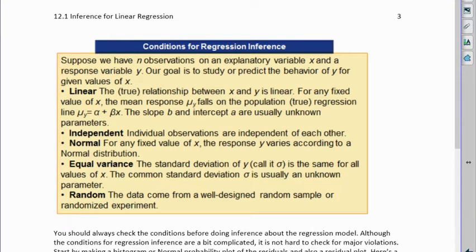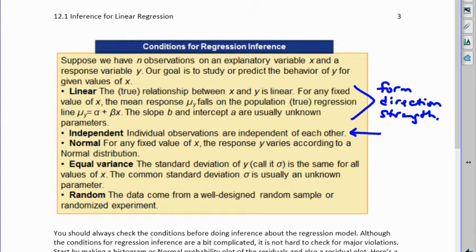So to prove that it's linear, you're going to want to look at its form, the direction, and the strength to show that. Then you're going to want to show that it's independent.